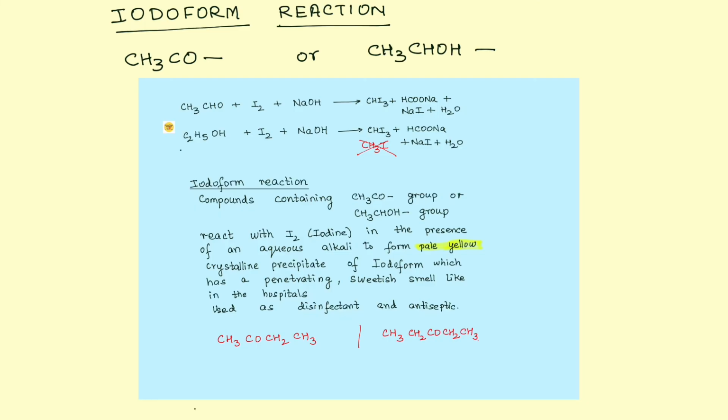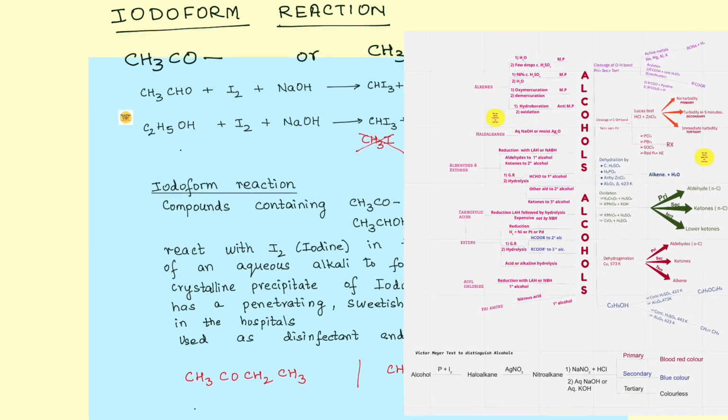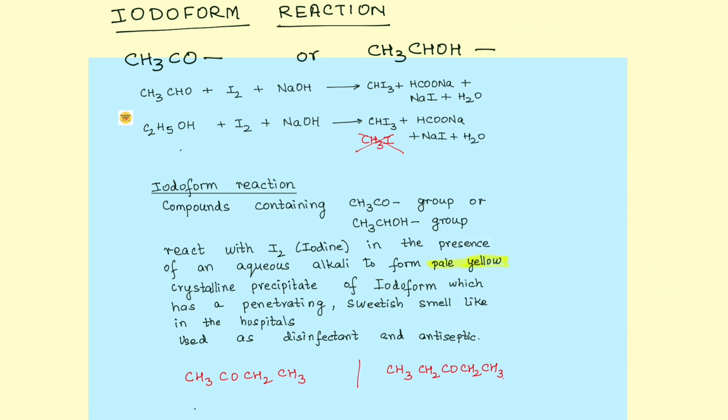Next and very important reaction, iodoform reaction, but you notice the screen has turned blue. Why do you think it has turned blue? I have just imported this from the lecture on alcohols, where we have dealt with the iodoform reaction in a lot of detail.